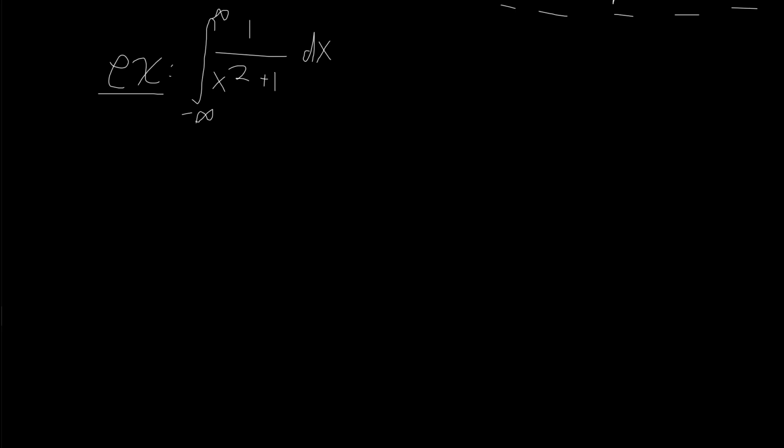So what this is, we have the real axis here and the imaginary axis here, right? Now, we see that this is the same as 1 over x minus i times x plus i, right?